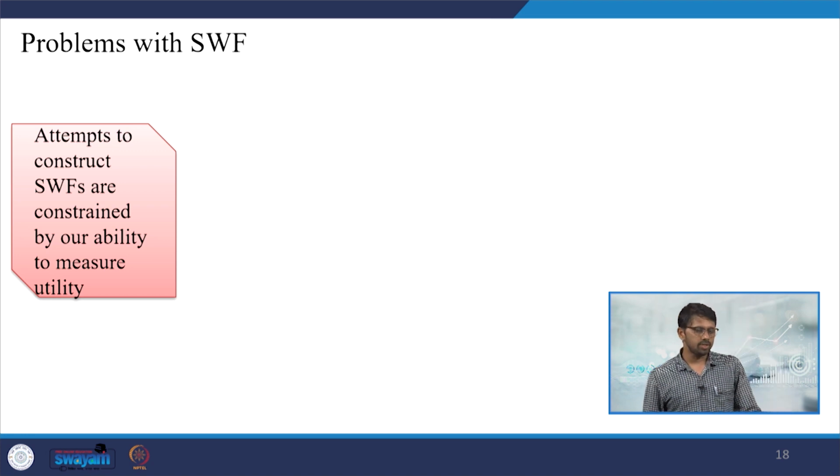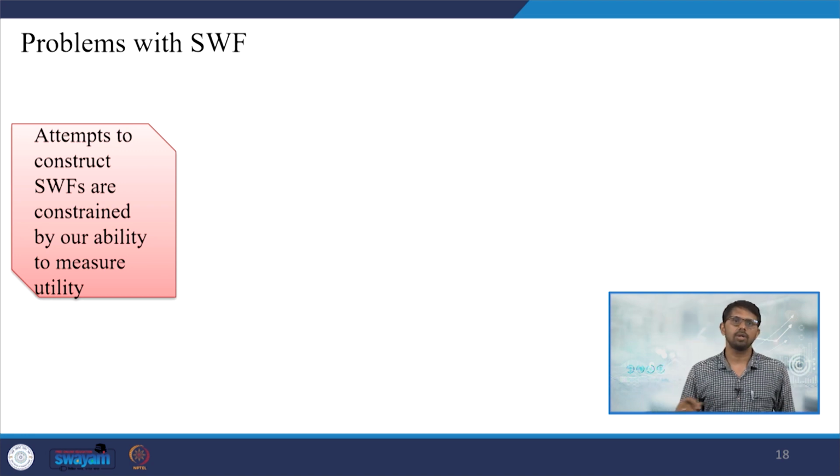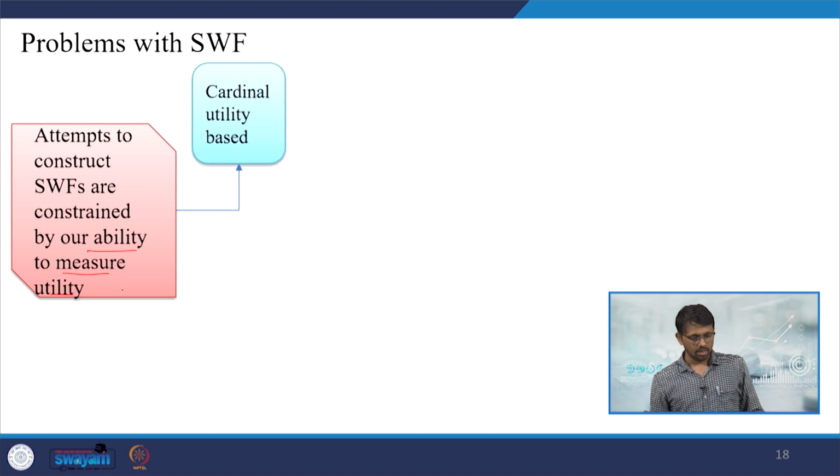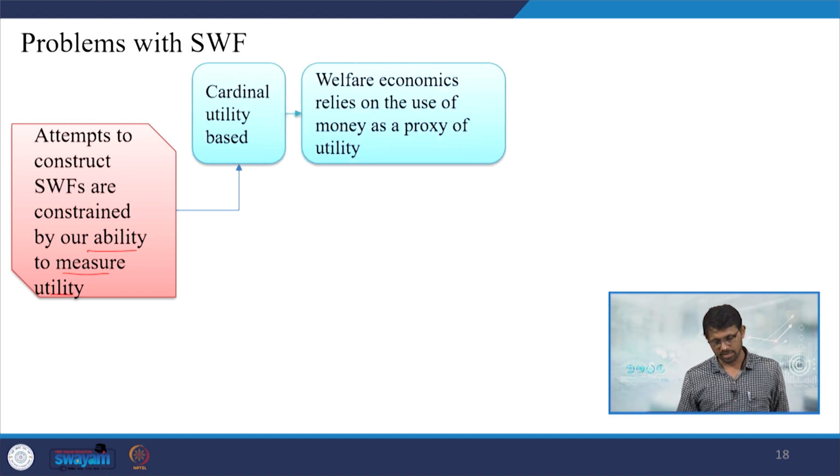Then what are the problems with SWF? It attempts to construct an SWF, and it is constrained by our ability to measure utility. So, the ability to measure utility is a bigger constraint. Now, we will clarify the cardinal and ordinal based approaches.